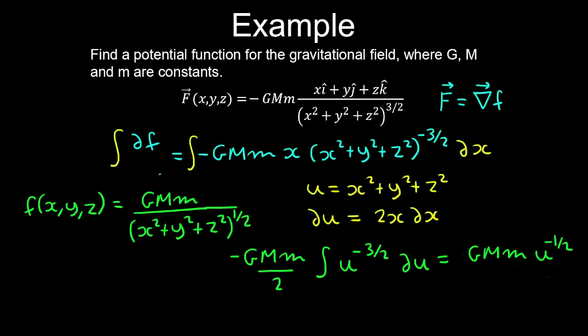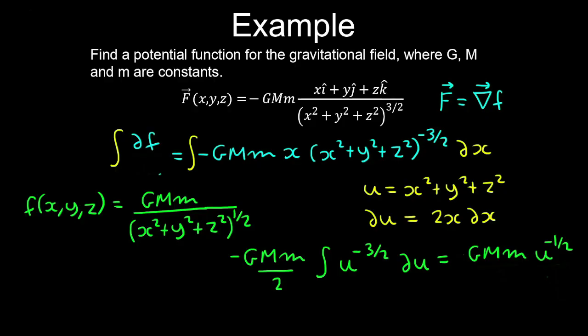So in this case, our constant of integration will be a function of y and z. So noting, if you take the partial of f with respect to x, you obtain the first component of the vector field, and g drops out.